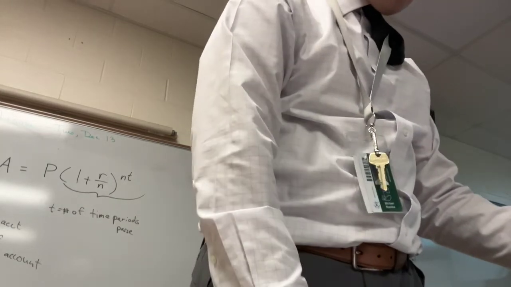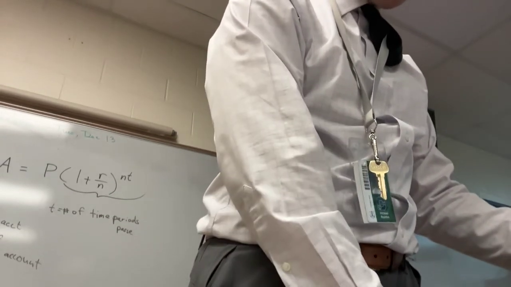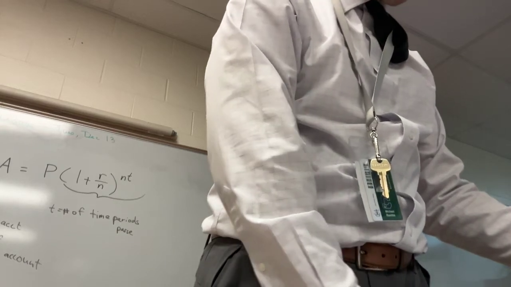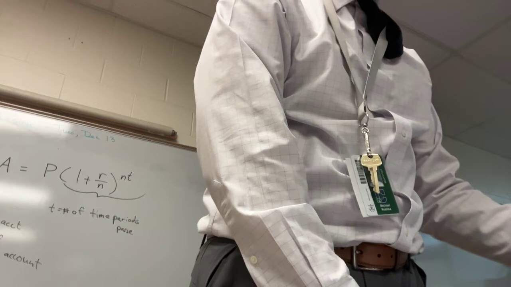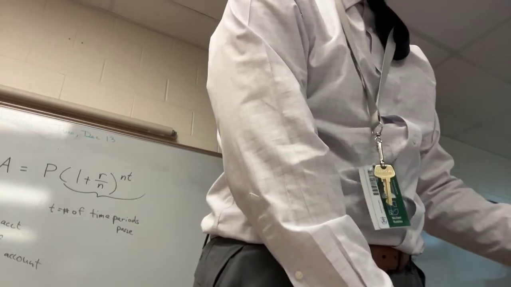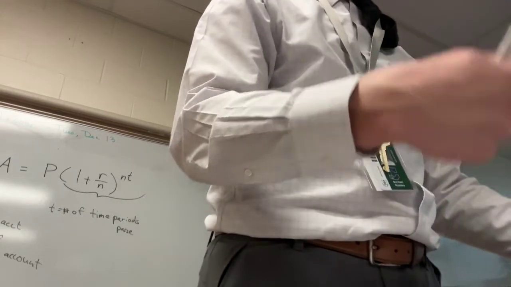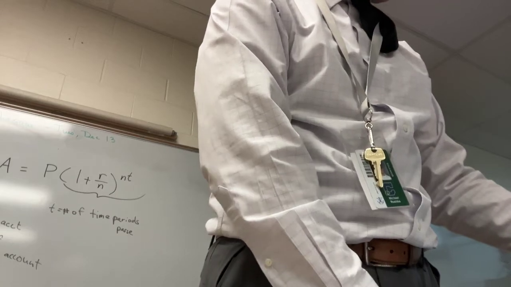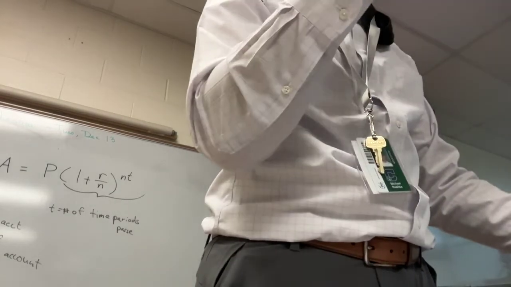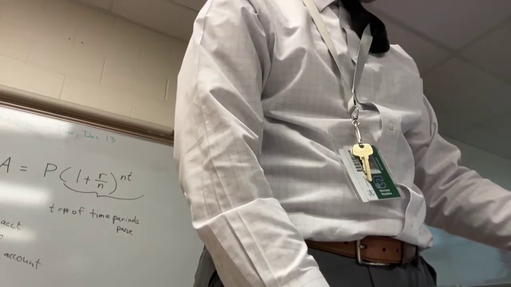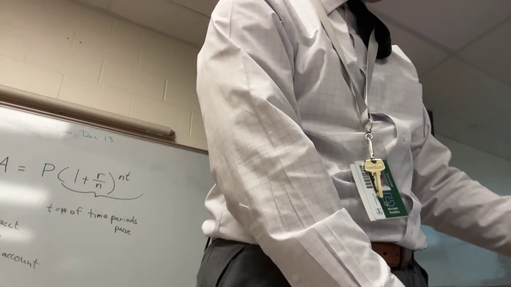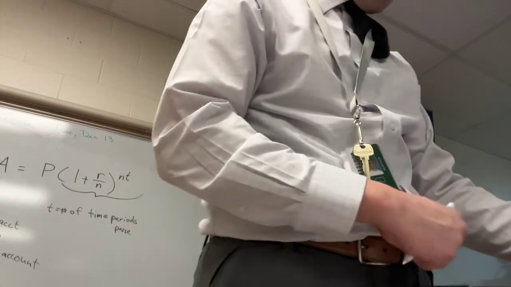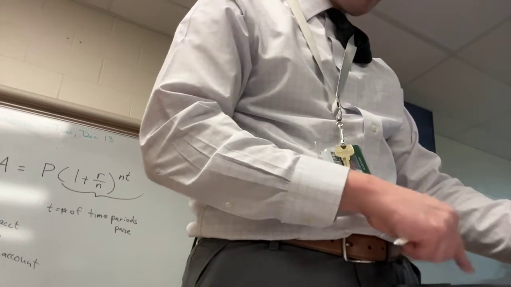Then hit enter, and then I do a plus 1. Do I do my exponent next or my multiplication? Exponent, yeah, so it's going to be raised to the 144, because 12 times 12 is 144. Hit enter again. The more times you hit enter, the more likely you are to get the problem right, okay? So hit enter after each step, and then we multiply by 555. So we're going to have $844.17.